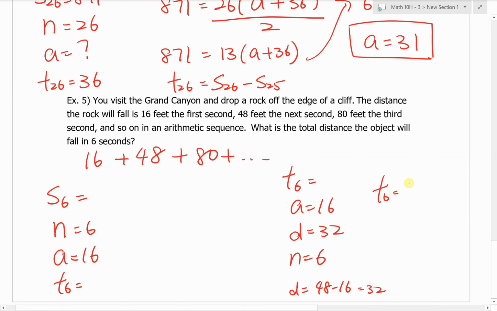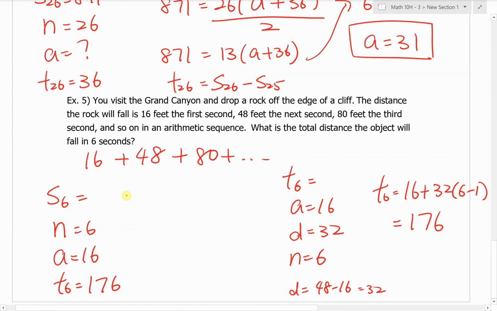T6 will simply be a plus d times n minus 1. That would be 32 times 5 is 160 plus 16, that's 176. So we know T6 is 176.